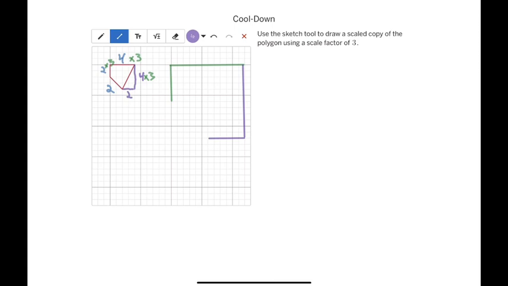So even though I can't measure this, I know that that part of my shape goes from this part of the triangle to this part. And then here to here it goes back. Sometimes you have to use this as a tool to help you. And then when you're done with it, you can just delete it.